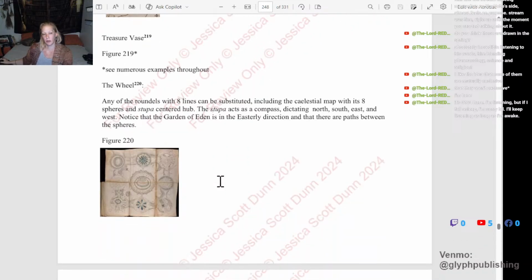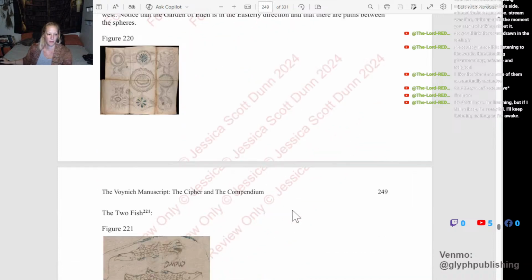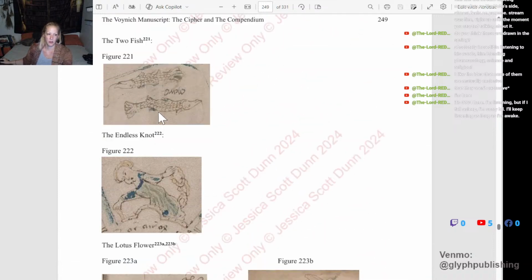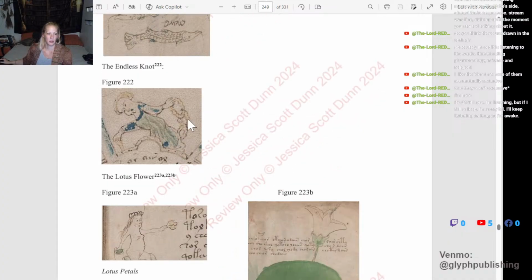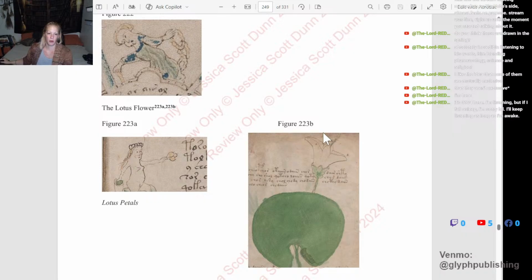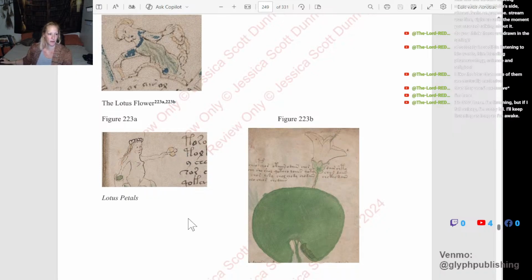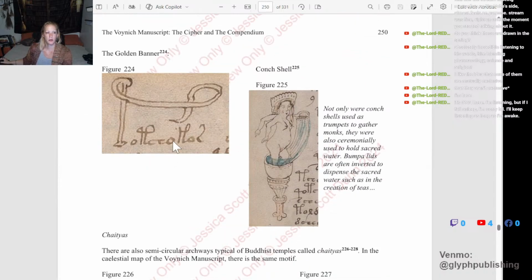Then you have the Dharma wheel, and that's represented by the celestial map. You have the 2 fish. Here's the endless knot, from a Christian perspective, of course. This is the lotus flower, with the lotus flower petals here. This is the golden banner. That's the conch shell.